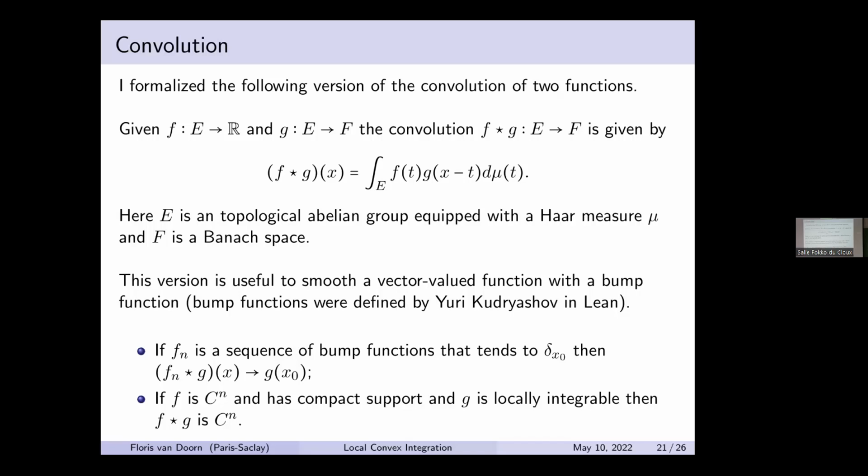It just needs some subtraction operation. For some of its applications, I assume that it's abelian. But indeed, for the flipped version, to show that if g is smooth then the convolution is smooth, I don't require that E is abelian at all. But for this version, I might need that it's abelian.